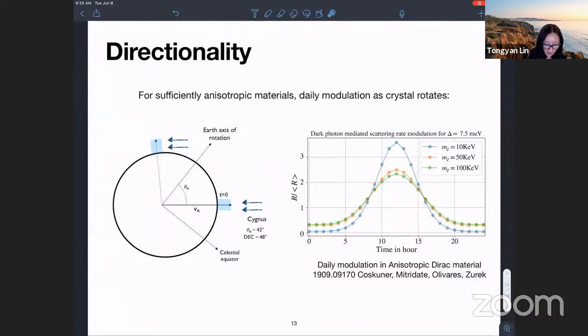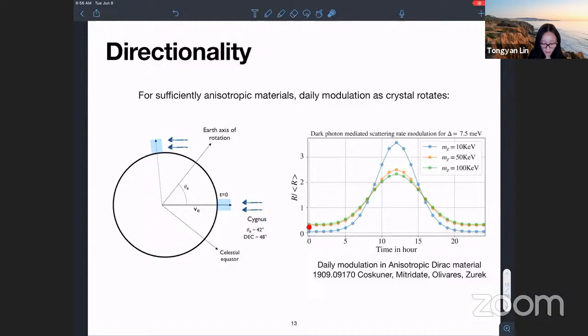And so as the Earth rotates, this is the Earth axis of rotation, at t equals 0, you'll look at the crystal in one direction. Half a day later, this will have rotated around, and you're basically probing the crystal in a different direction. And you can actually get a modulation in the rate, which for some materials is quite large.